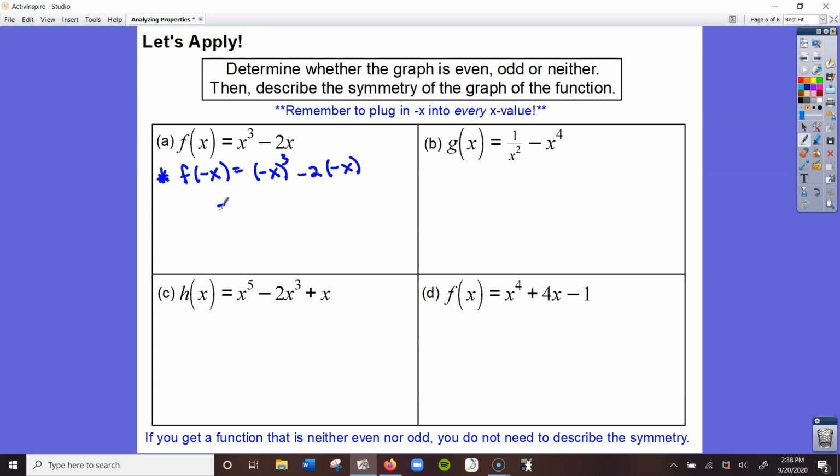When I simplify this, the first term will remain negative because it is an odd exponent, and then negative 2 times negative x becomes a positive 2x. If I compare this with my original, we see that every single term changed signs. So this is an odd function, and if it's odd, that means it has origin symmetry.